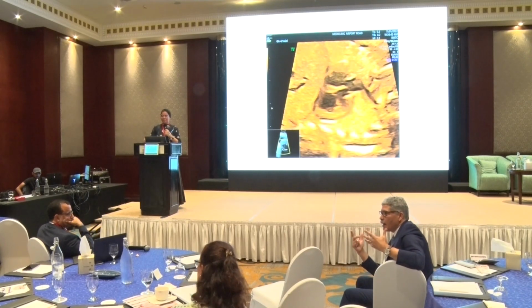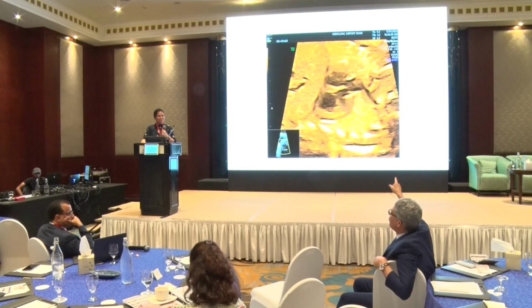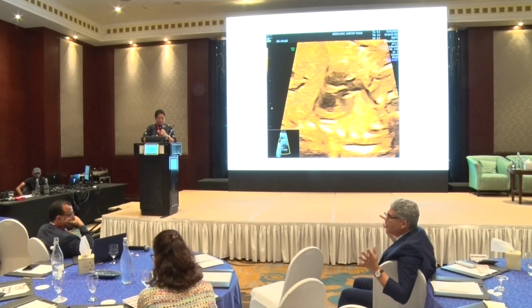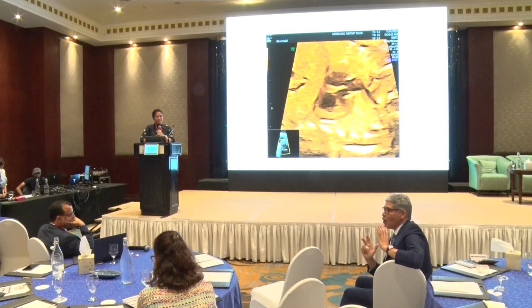This is the development of the arch. Any of these vessels can contract because this is abnormal development of the arch. So the management possibly requires prostaglandin, or just watching the baby all the time, because any blood vessel can contract.